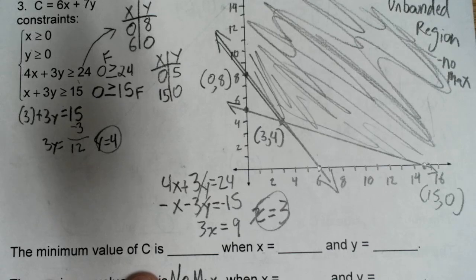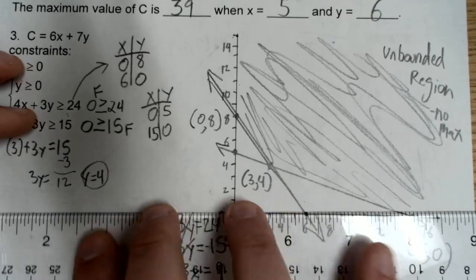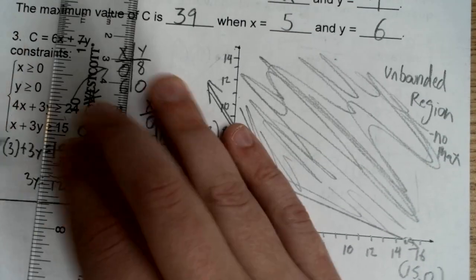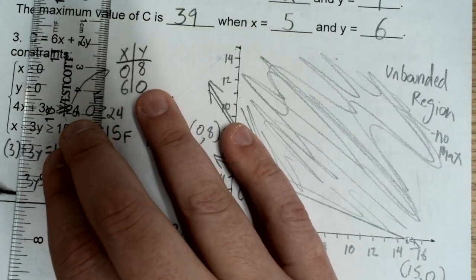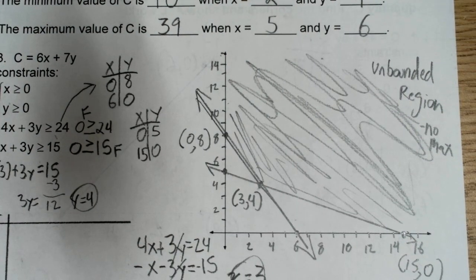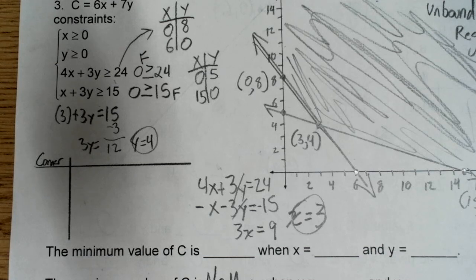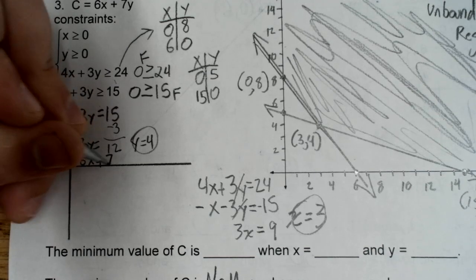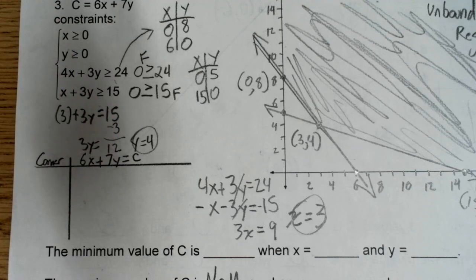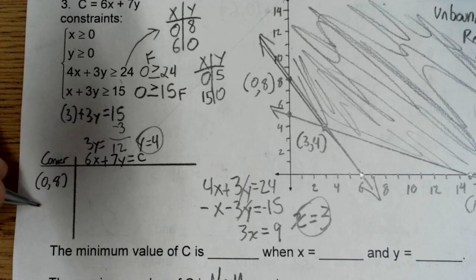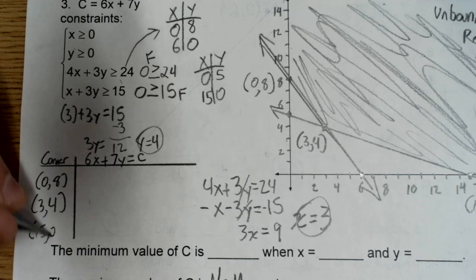Now I just need to test my corners. Kind of running out of room here, but I should be able to test a few of the corners. My formula would be 6x plus 7y equals c. My corners would be 0, 8, 3, 4, and 15, 0.